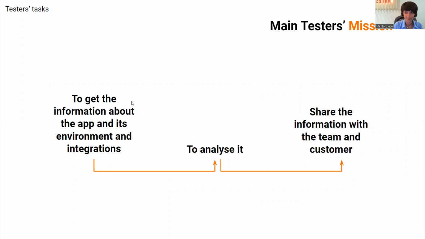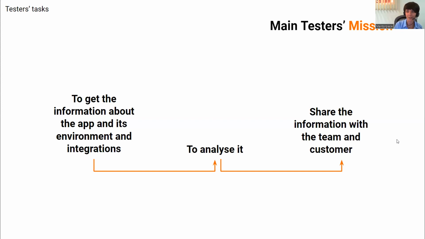so again, to sum up the mission of testers, firstly, they should get the information about the application and its environment and integration. So, to deeply understand the application, where the problems can be, what is the architecture, what it is built from, what the parts of this application are.